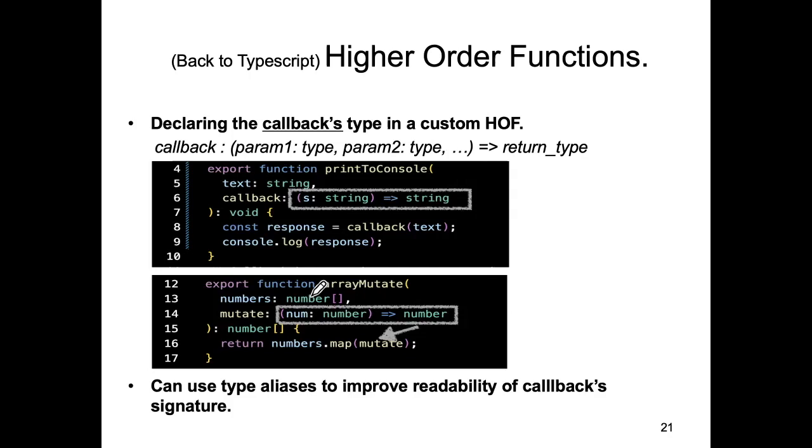So this is my input array, and the second argument is a callback which produces the elements of the output array. It's a function whose signature is such that it takes a number and returns a number. Coincidentally, it's returning and taking the same type, which happens to be the same up here, but that's just a coincidence.